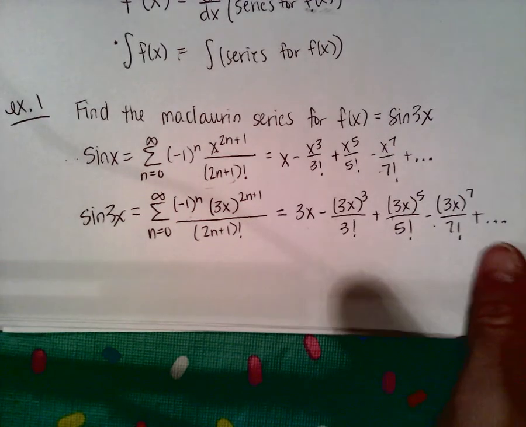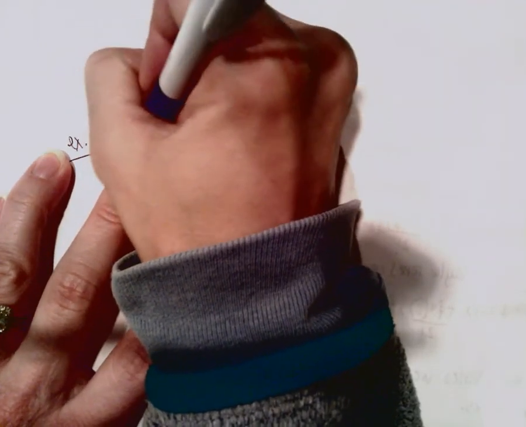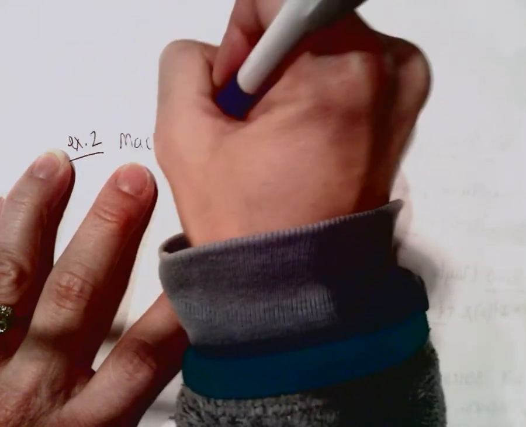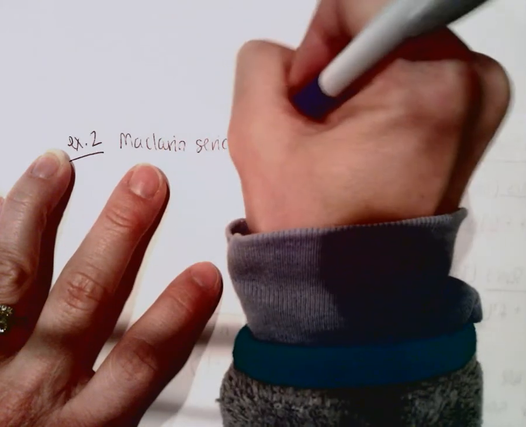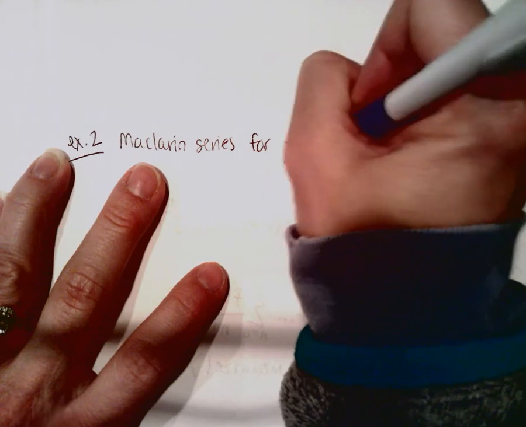Okay, so let's look at another example using a series that we know to find a series that maybe we don't know. So how about, for example 2, same thing, find the Maclaurin series for x over 2 minus 2x.